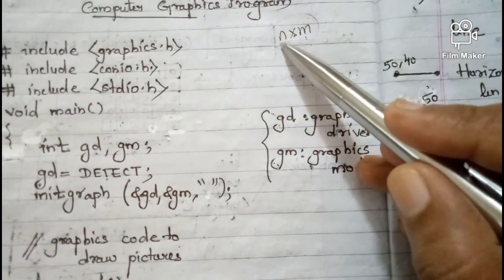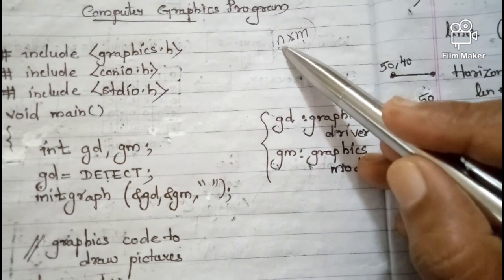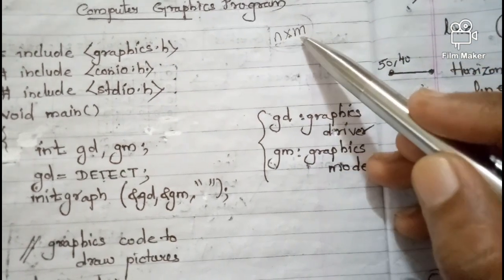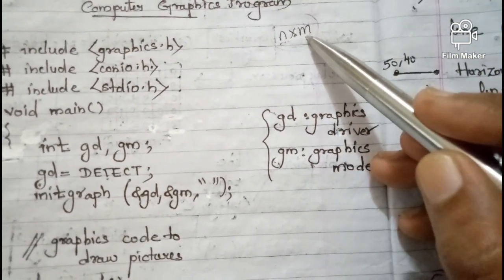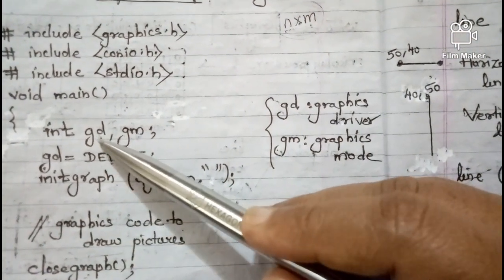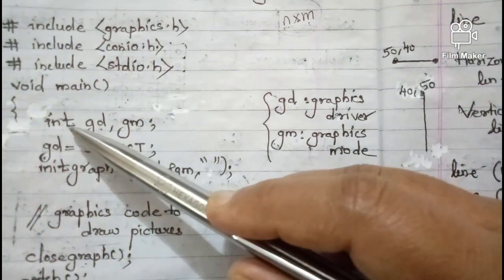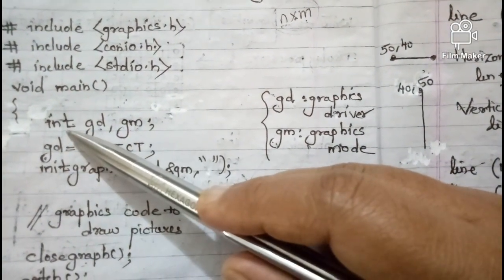It is usually represented by N by M, where N indicates the number of columns in your screen and M indicates the number of rows in your screen. Clear? So, driver and mode are to be declared as integer variables.